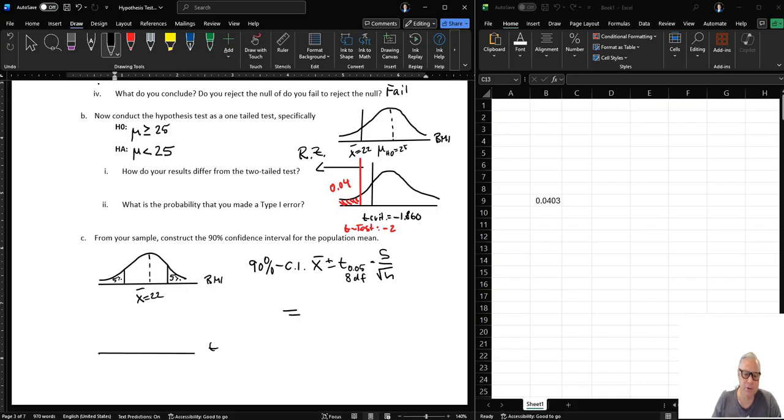So what we need to find is the T, where we have to each side 5%.